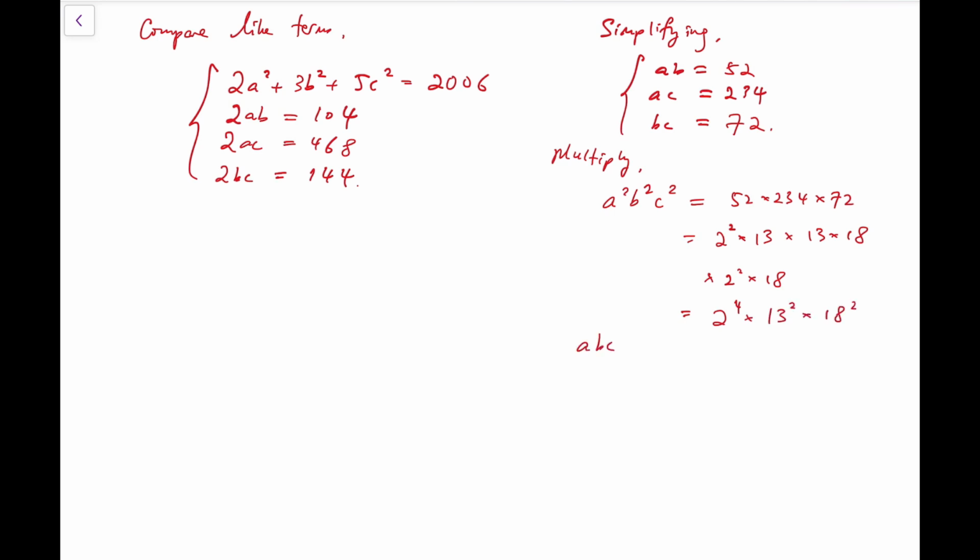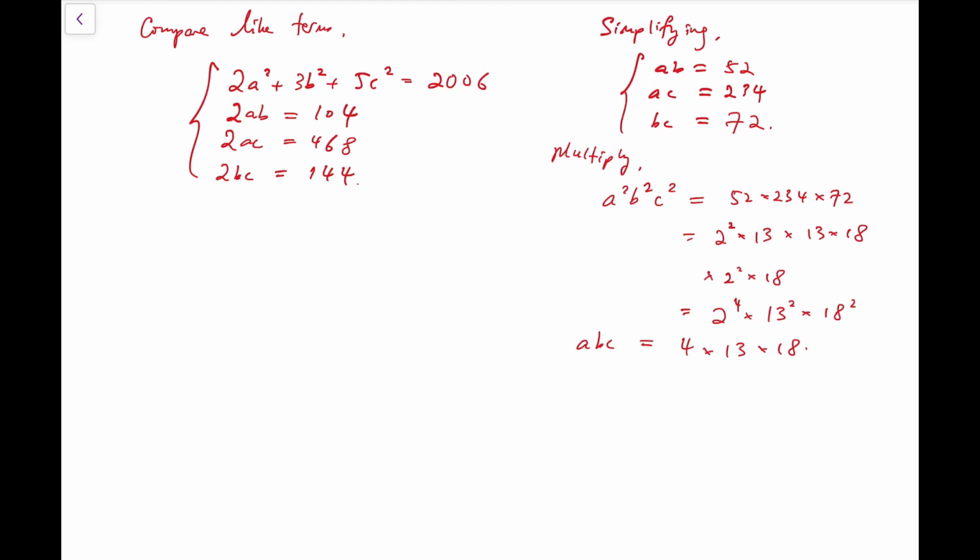So that means abc should be either 4 times 13 times 18. Now this is the positive case, or it can be minus 4 times 13 times 18.